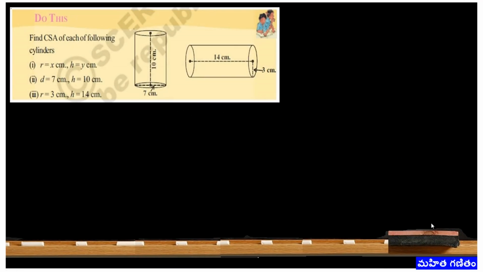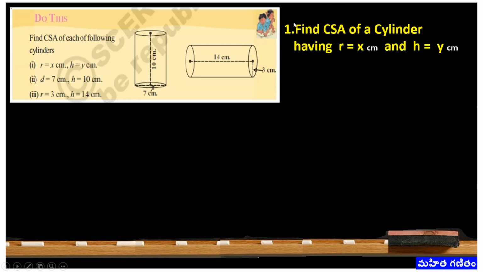Now, we will solve some small problems in the Do This exercise in our textbook. There are 3 small problems. Take the first one. Find the curved surface area of a cylinder having radius x centimeters and height y centimeters.